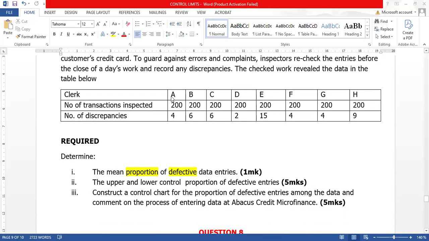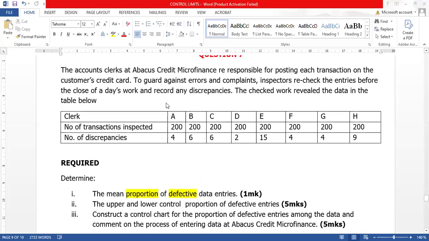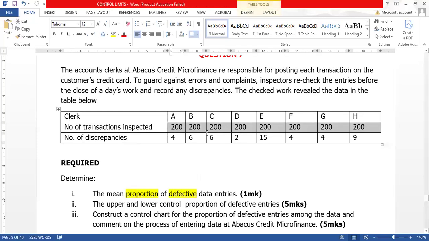We have clerks, these are different staff, and you have the number of transactions inspected. The inspector inspected 200 transactions entered by each clerk.